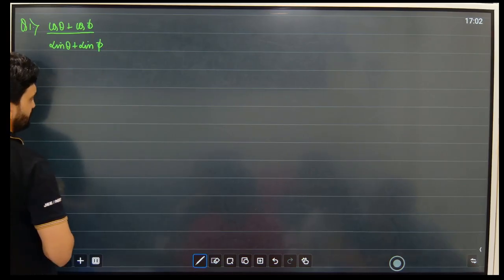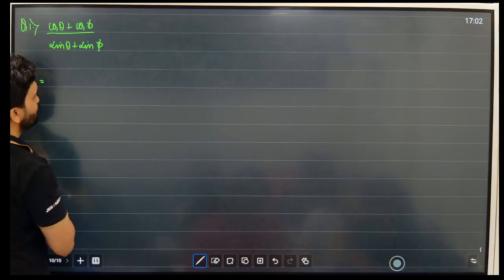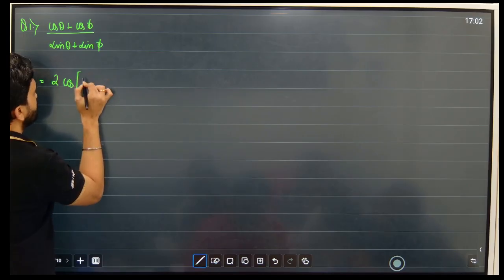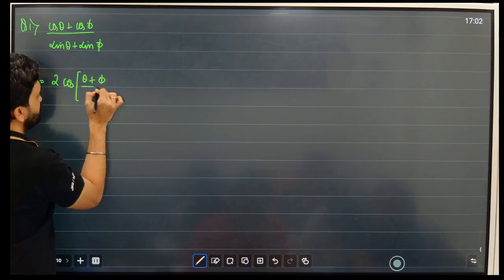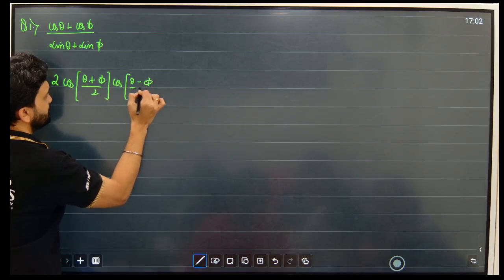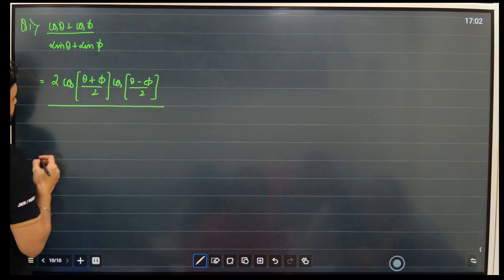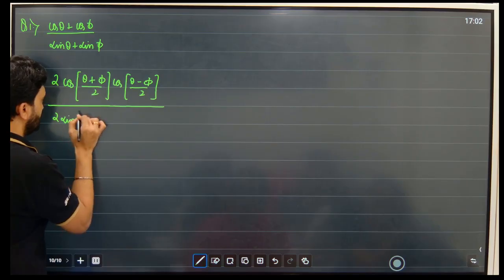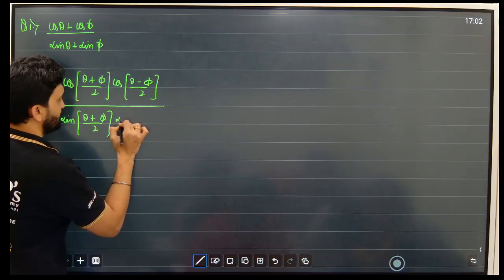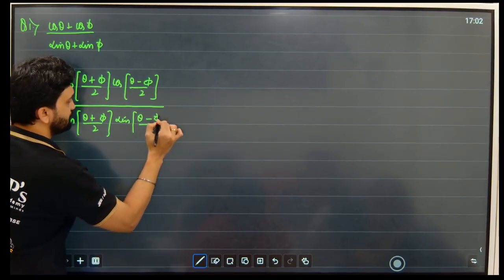Numerator represents cos C plus cos D. So for the numerator, I am going to use the formula for cos C plus cos D, which is 2 cos((C+D)/2) into cos((C−D)/2), the whole upon sin C plus sin D, which is 2 sin((C+D)/2) into cos((C−D)/2).